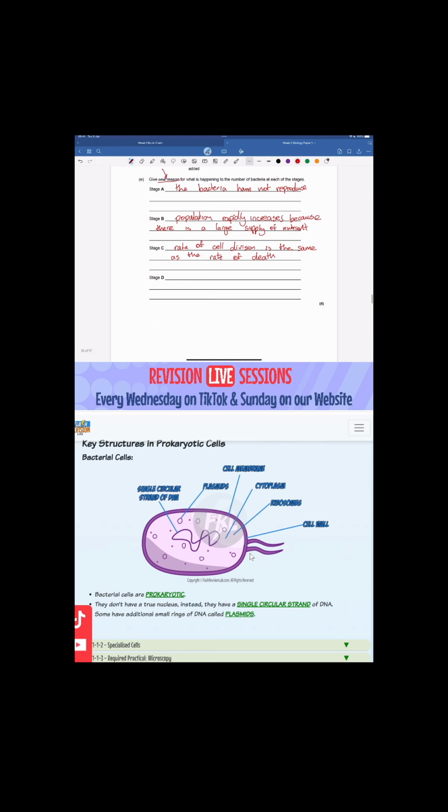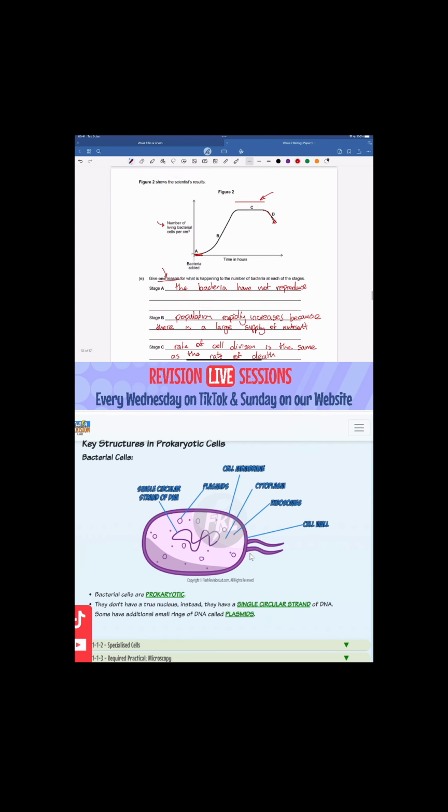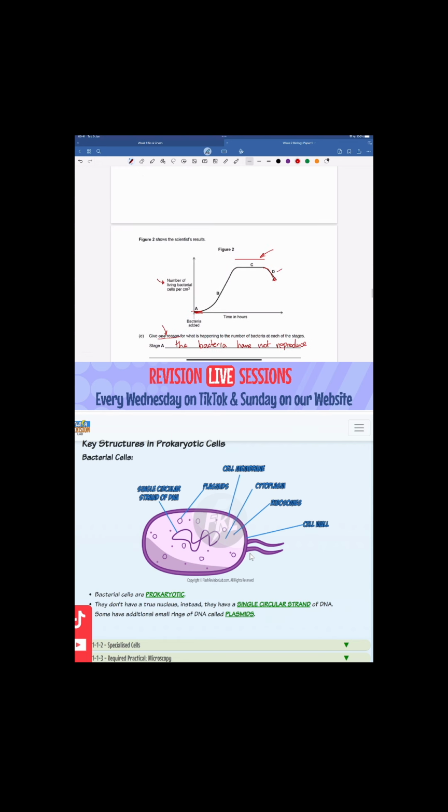Then for the last one, there's not enough nutrients. That's why they start to go down, because now the nutrients are reducing because they're basically finishing off. Again, saying their population starts to decline is not enough for this, because that's describing the curve. It's asking for a reason.